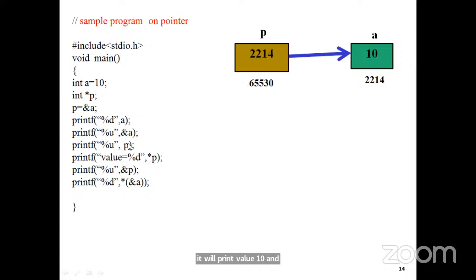And P means in P the value 2214 is stored. And star P means pointer, P is pointing to the value 10. So this is called a single pointer. If only one star is there, it is pointing to one variable only.